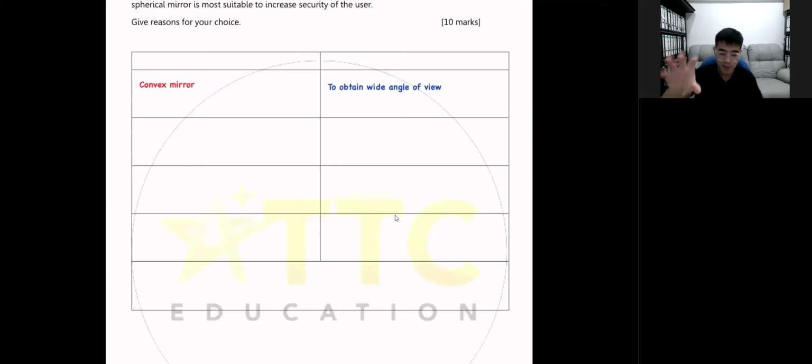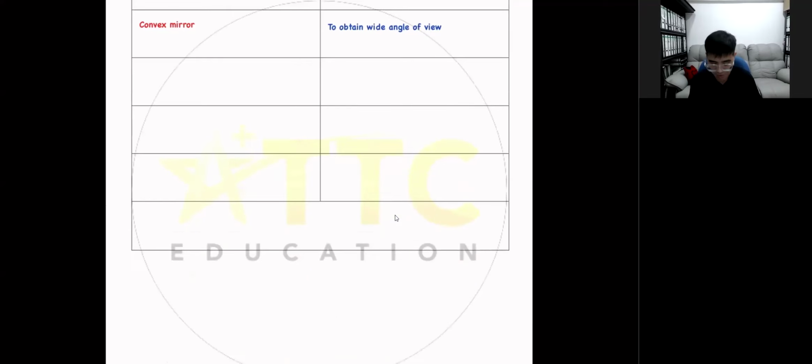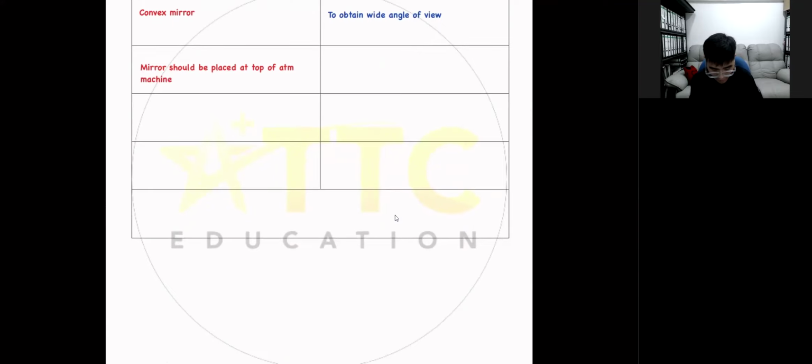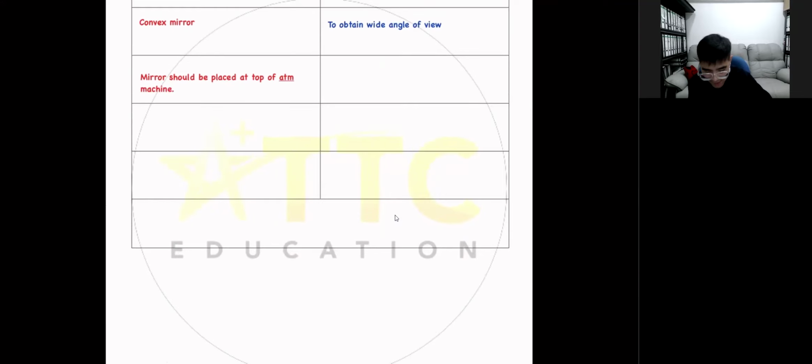So you have to put it on top because high places has lesser obstructions. So you can also write to reduce the obstructions of the obstacles. So mirror should be placed at the top of the ATM machine. All right. Why on top of the ATM machine?